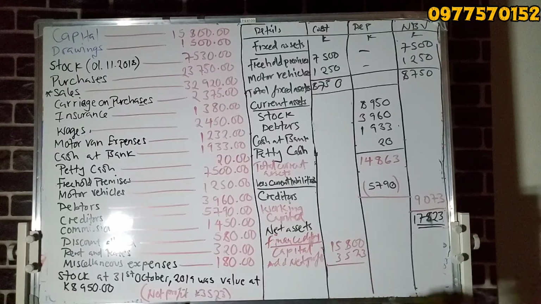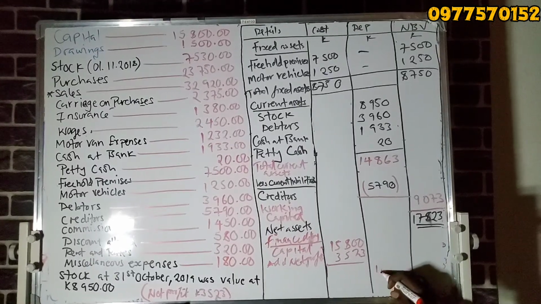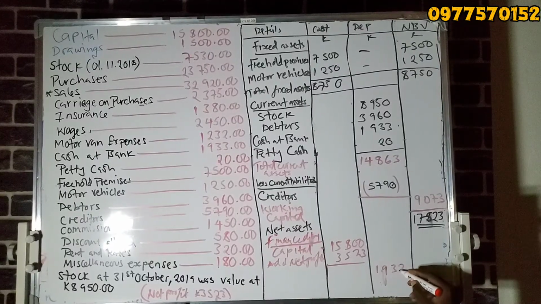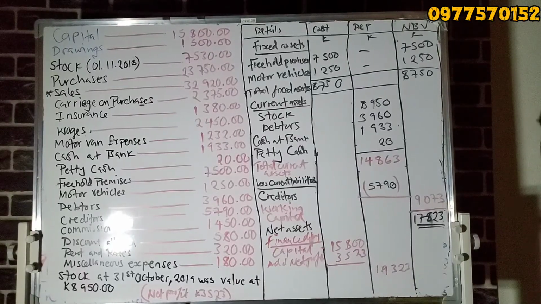Now when we add these two, 15,800 plus 3,523, we're going to have 19,323.